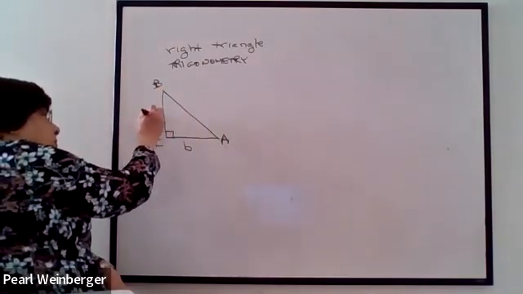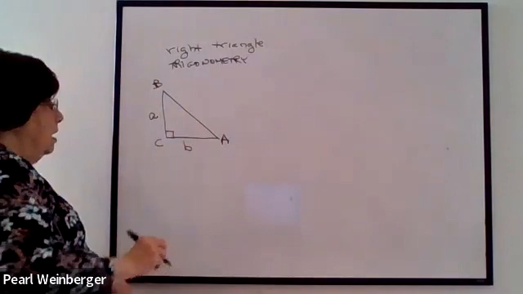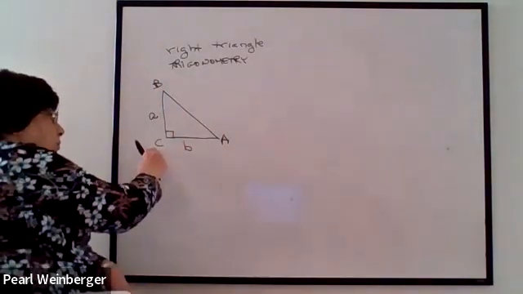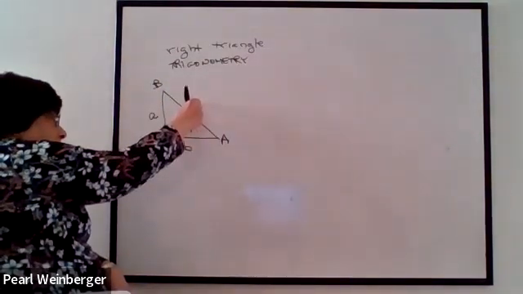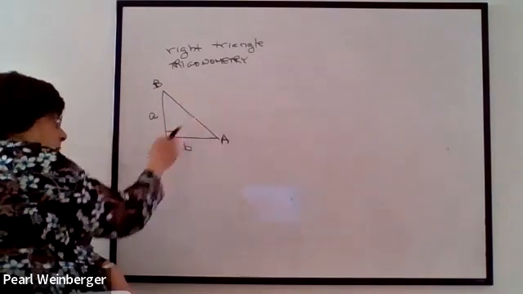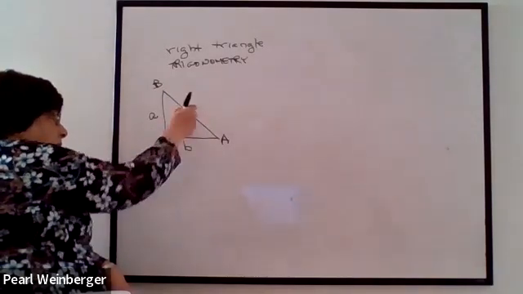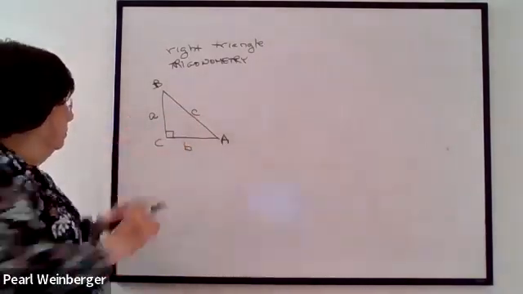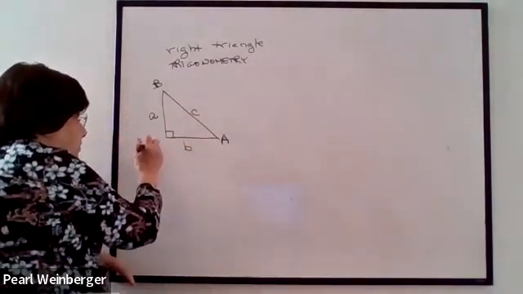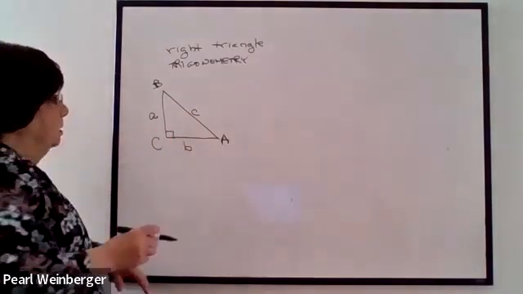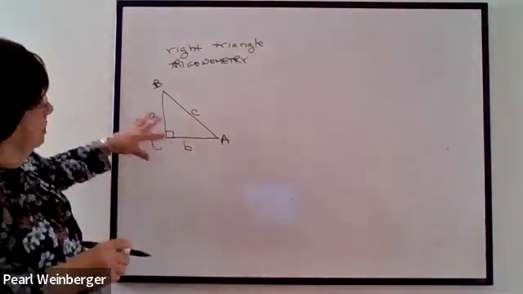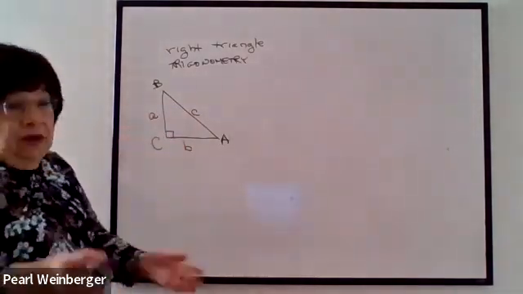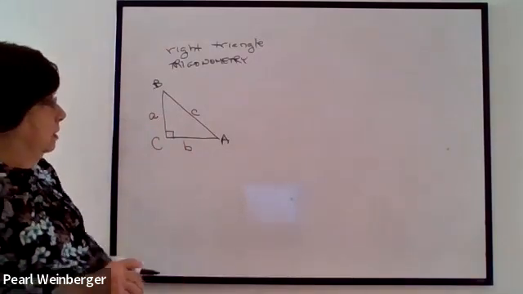We call this lowercase a. And this one that's across from the right angle, and the right angle we're calling C, is going to be called small c. Now, the small c and the capital C, maybe I should make my capital C a little bit bigger, are hard to distinguish. The A and the B, it's very obvious that they're lowercase letters.